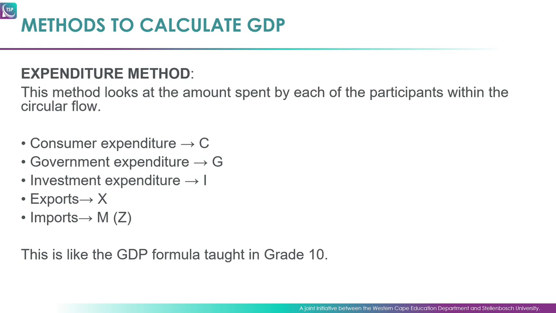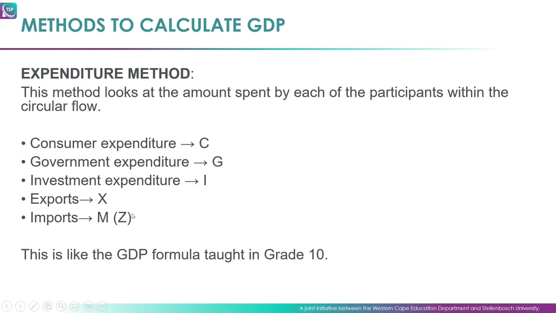Consumer expenditure is denoted by the letter C, government expenditure by the letter G, and investment expenditure, which refers to the money spent by businesses, by the letter I. And you were taught in grade 10, C plus G plus I plus open brackets X minus M close brackets is your GDP. So we're still using that method.